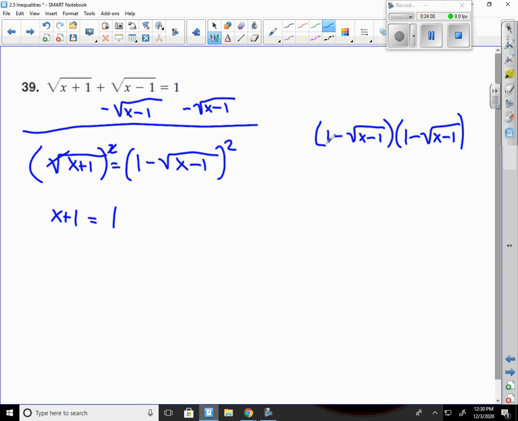That's just 1. Outer is 1 times negative root x minus 1. Inner is the same thing. So that's going to be minus 2 root x minus 1. And then last is multiplying this by this, which is going to get rid of our root. And that's going to make that plus x minus 1.